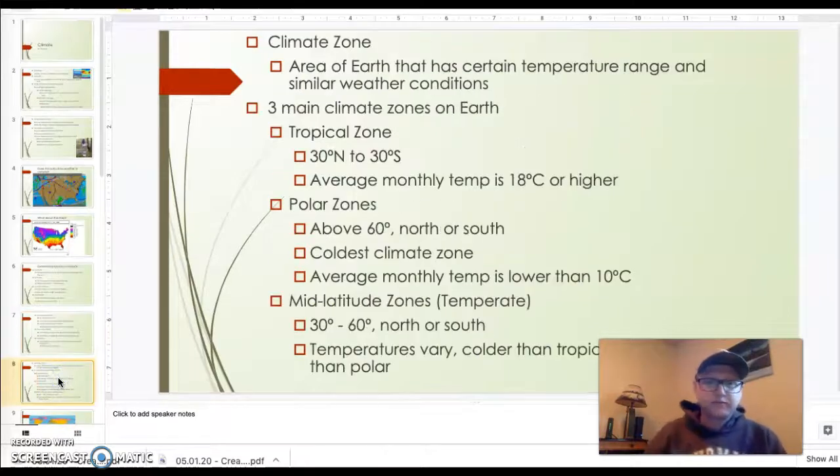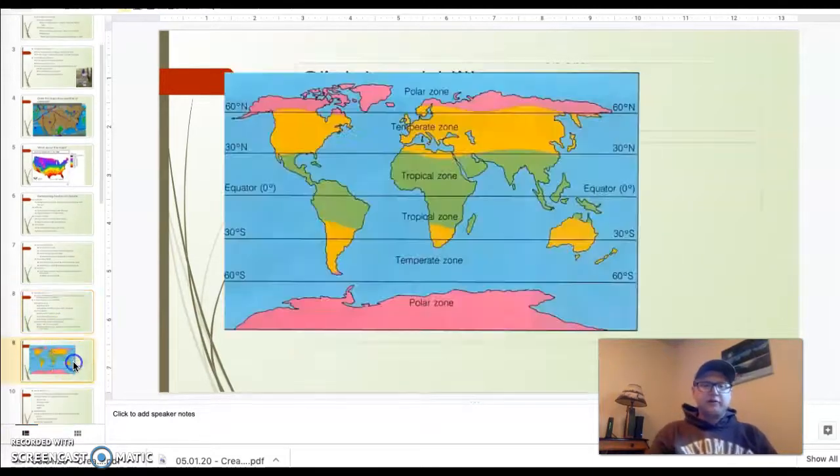Let's see here. There are three major climate zones on Earth. We have the tropical zone, the polar zone, and the mid-latitudes. So let's just look at this map. Towards the poles, you have these polar zones, much less sunlight, much colder. At the equator, you have lots of direct sunlight. This is tropical. And then in between, you have your temperate zone, like where Minnesota is, and where the U.S. is.